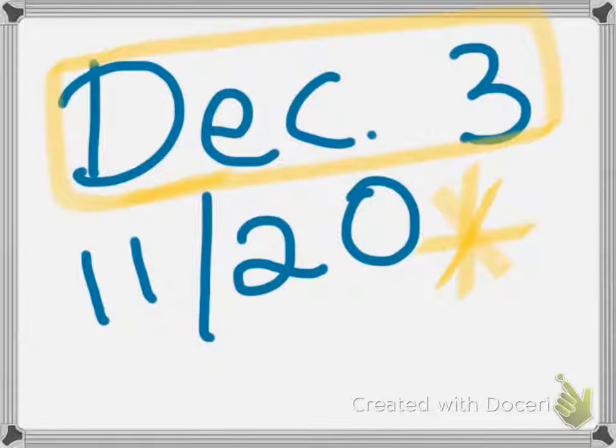So really what you're looking at is no later than November 20th, you should submit this to your support provider so they can review it. The hope would be that they would be able to look at it and have it back to you when they come back from Thanksgiving break, and that'll give you a couple of days to do any fine-tuning, and it will be due to us Wednesday, December 3rd.